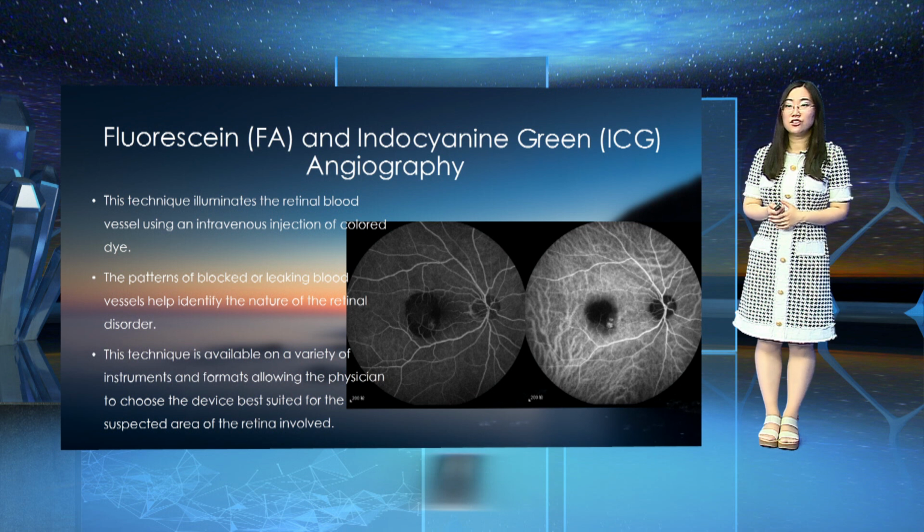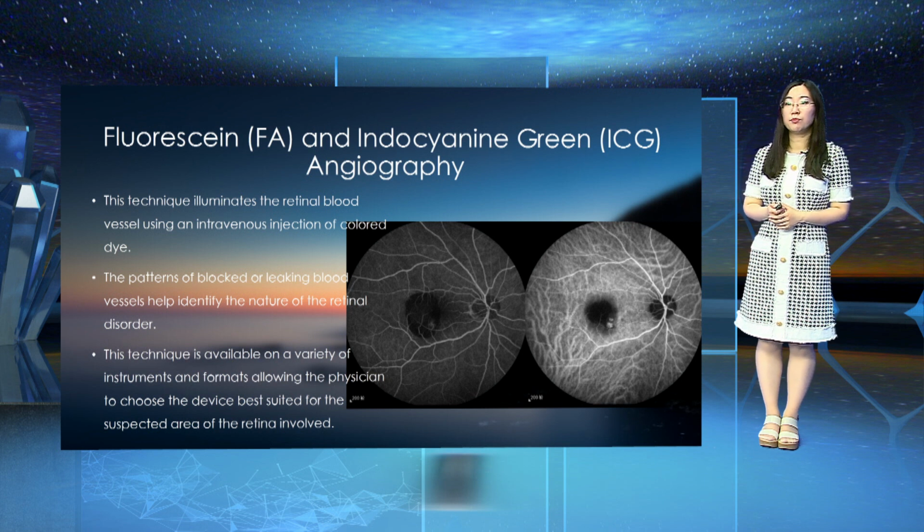FA and ICG. This technique illuminates the retinal blood vessels using an intravenous injection of dye. A rapid sequence of photographs or high-speed laser scans can capture the filling of blood vessels, defects in the walls, or the presence of abnormal capillaries.